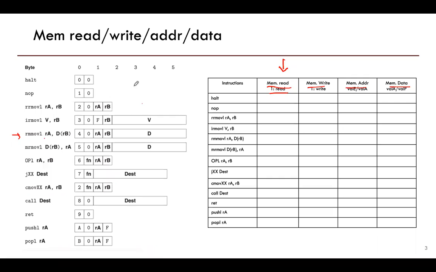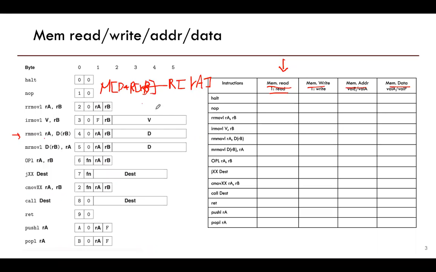Since it is moving data from register rA, we read register rA, and then move this value to memory M, where the address is D plus register value rB.